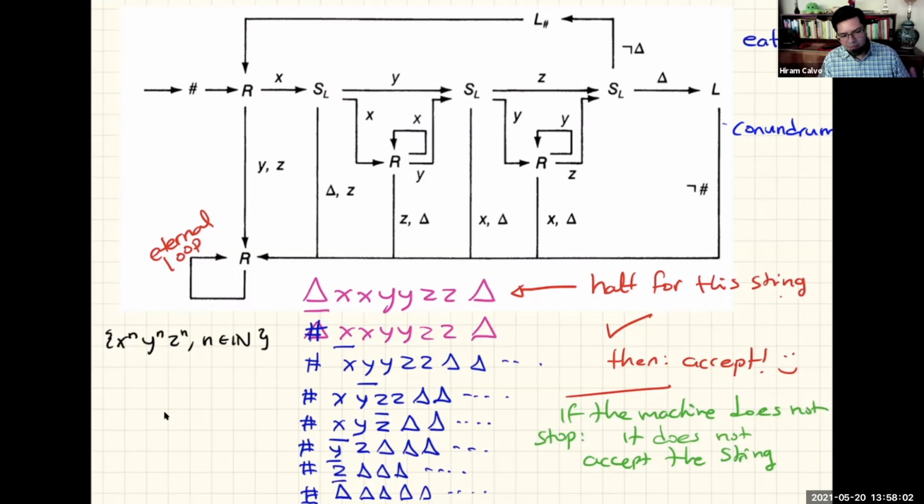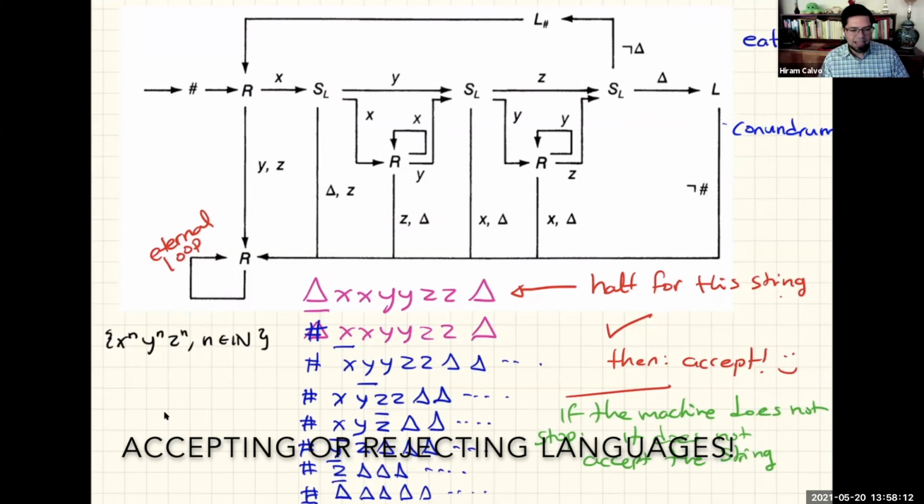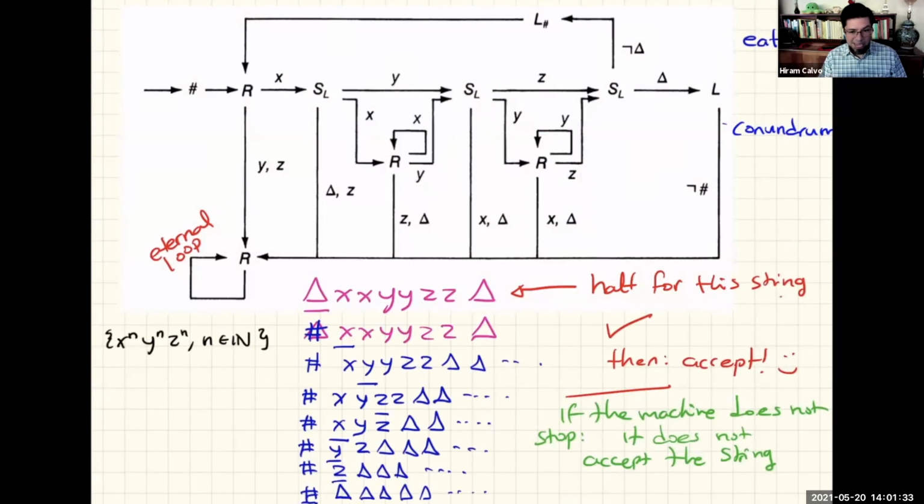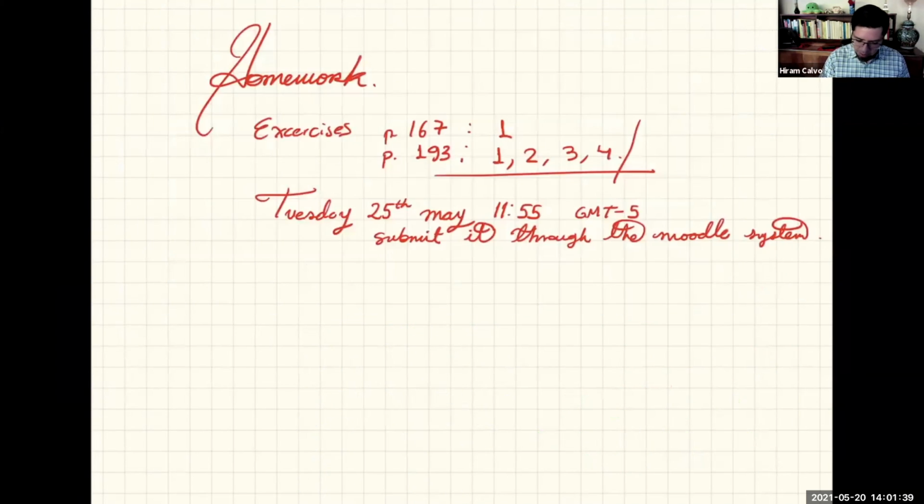So apart from using Turing machines for creating or writing different things on the tape, they will be used as the previous machines for accepting or rejecting machines. This was a little bit quick, so maybe you will benefit from reviewing it again. And well, in order to do your homework.